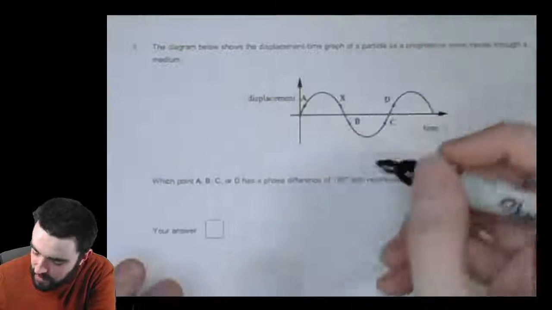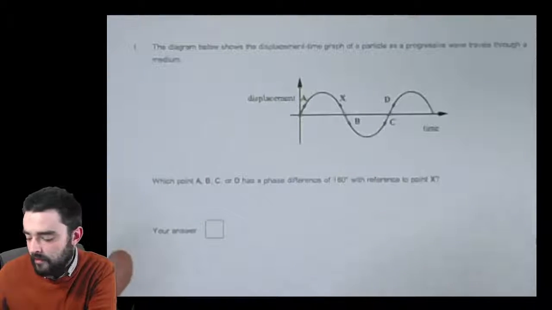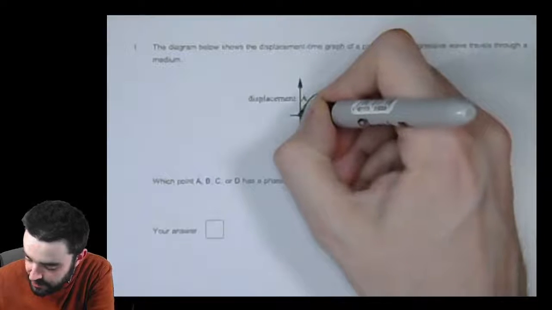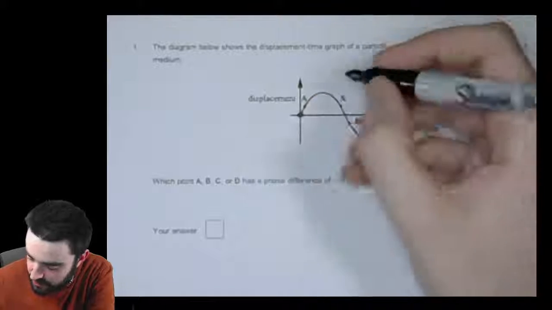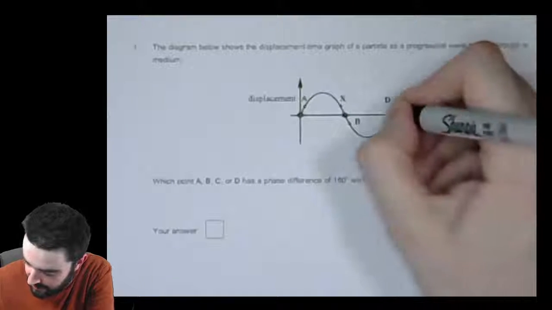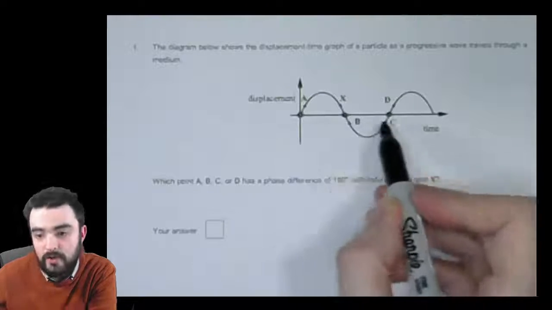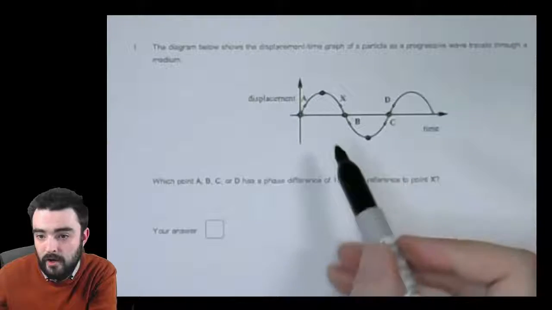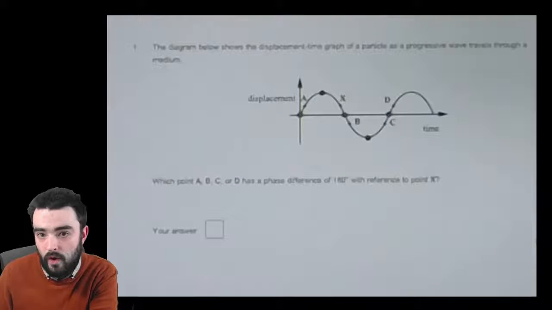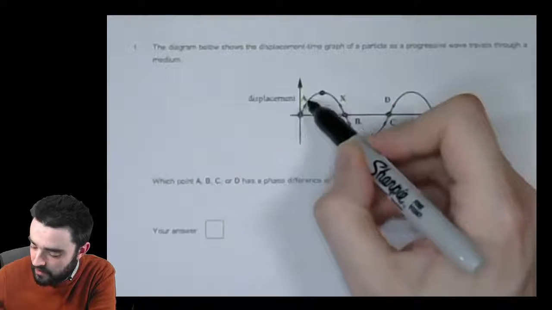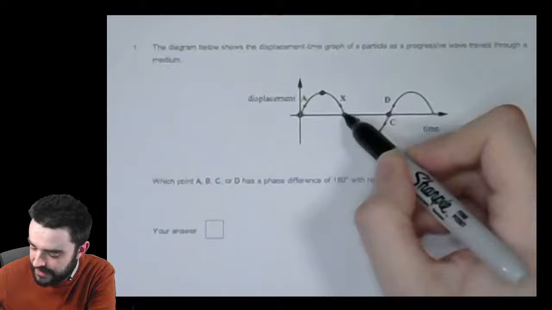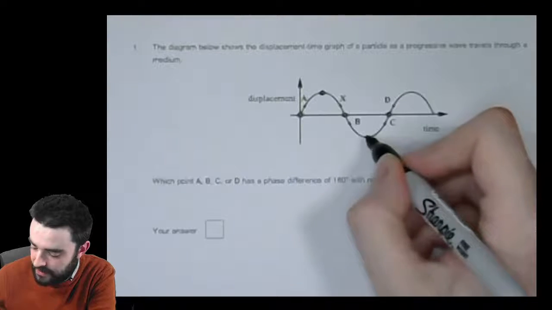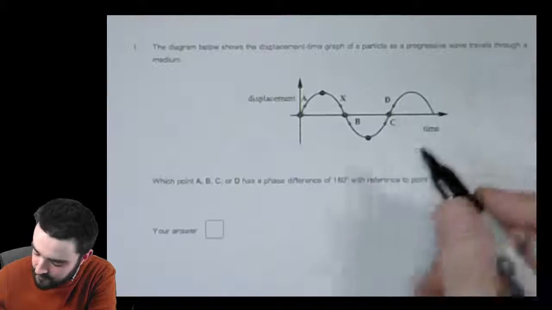I like to split my wave into portions so I can get an idea. If I make my own dots, one there, there, and there, that is the total wave. If I split that into quarters, I've got my 90 degrees of a wave. So that's 90 degrees, 180, and then 270 and 360.